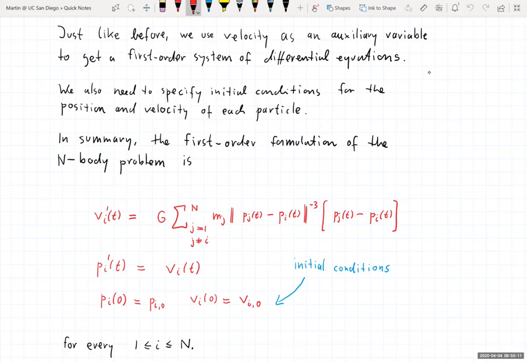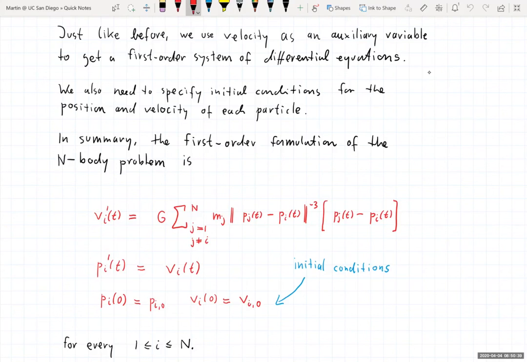And then again, we also need to specify initial conditions. For this enlarged system, we need initial conditions for the position variables and the velocity variables. So this works very similar to what we've seen before. And let us only summarize how the final system of first order is going to look.